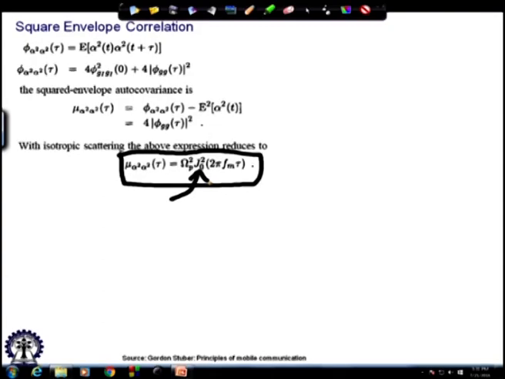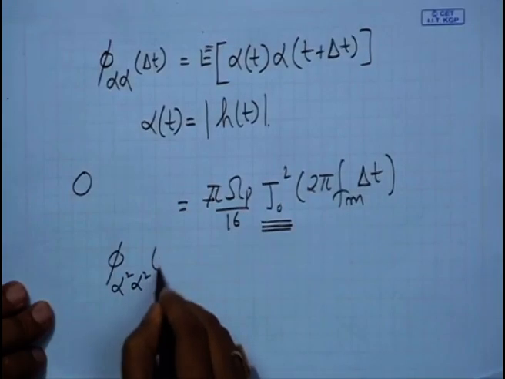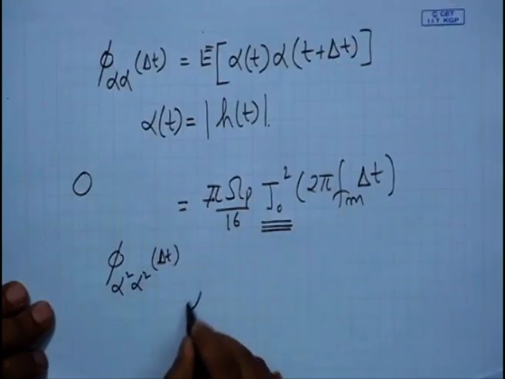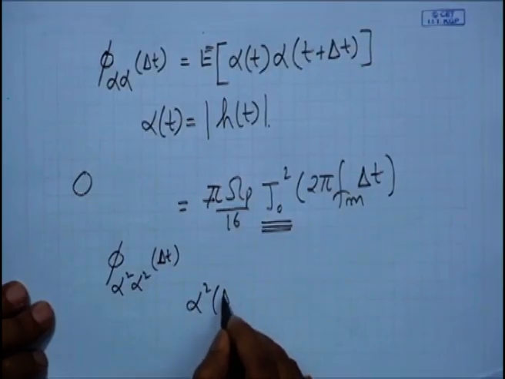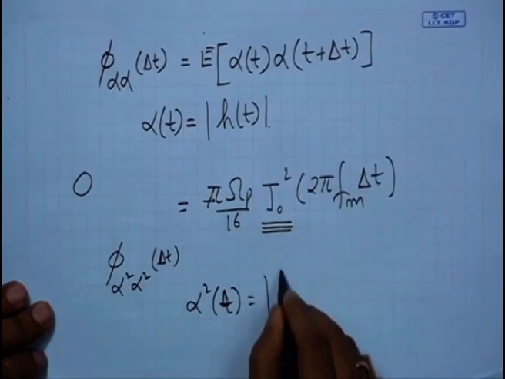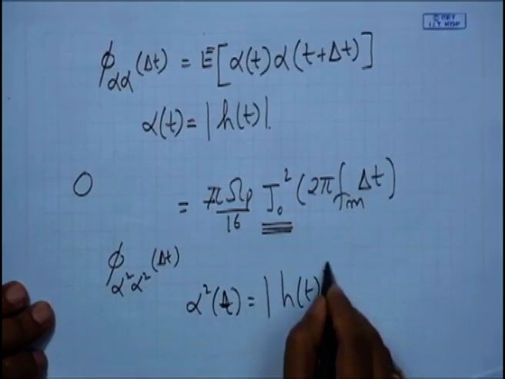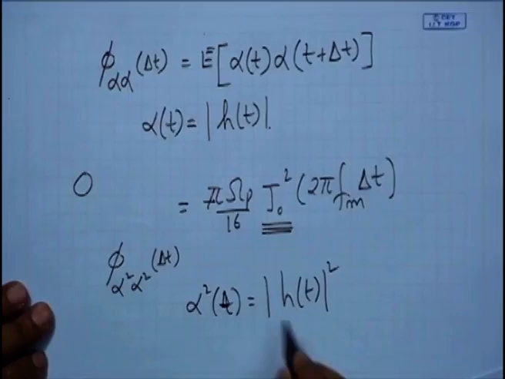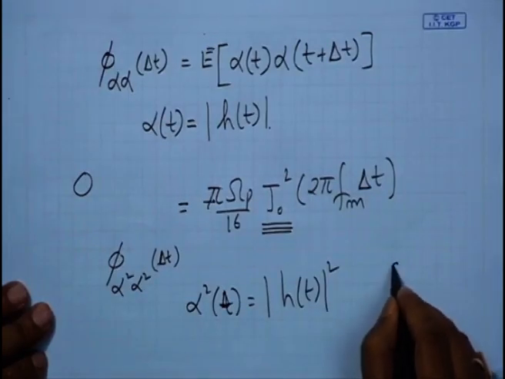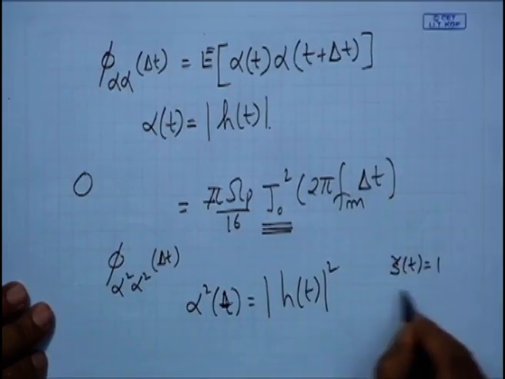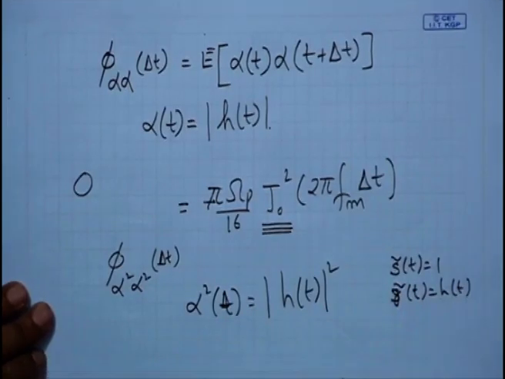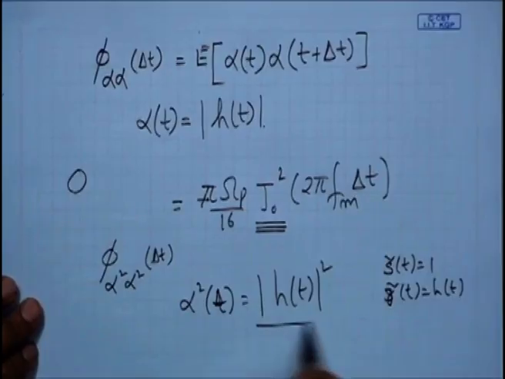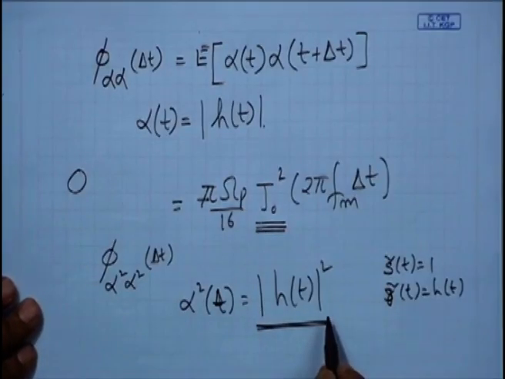Now, the importance of phi of alpha squared delta t, you can clearly guess, because alpha squared t is equal to mod of h t squared. Now, for s tilde t equals to 1, r tilde t is equal to h of t. So, basically this is giving us the signal strength, right.